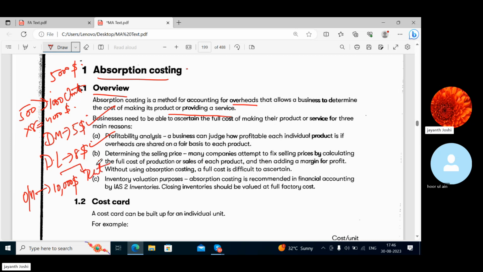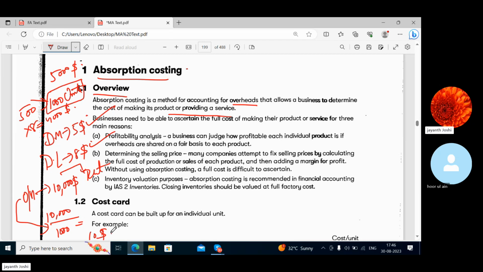Now you tell me, how shall I know what is the per unit cost of rent? That means for making 1 unit of this particular product, how much rent I am incurring. So definitely what you can do is 10,000 divided by 1,000 units. So per unit my rent cost is $10, right? So this is a general way to understand.